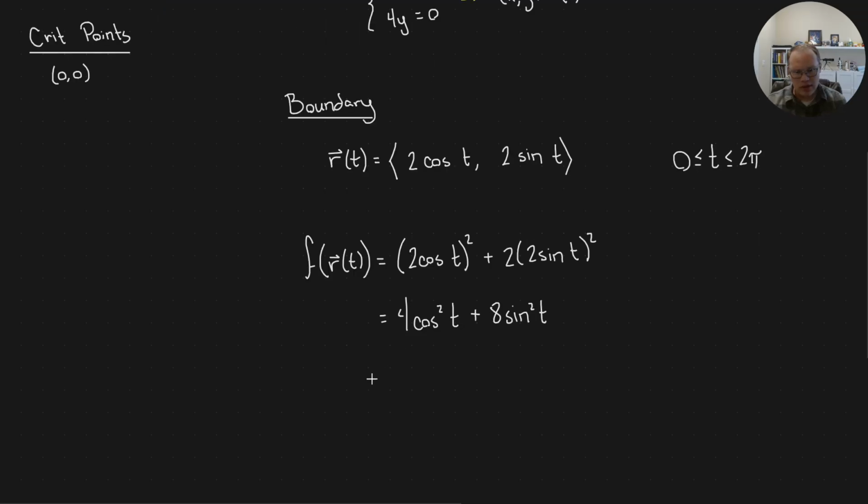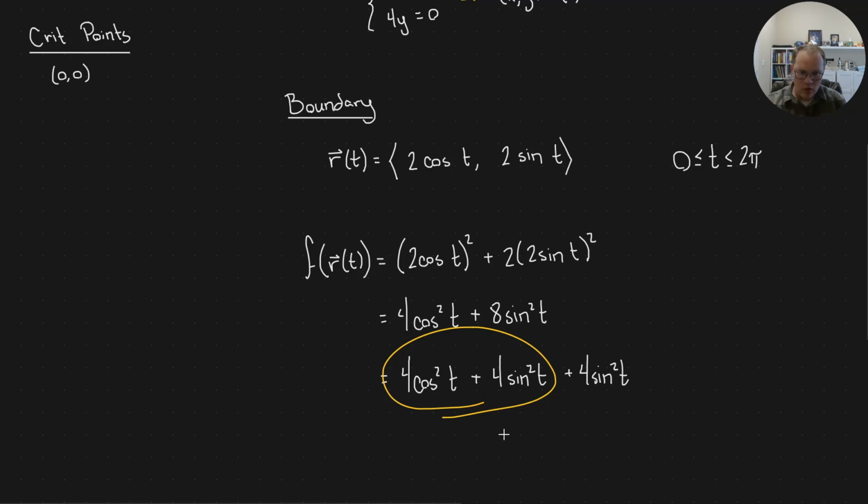But what I could do here to tidy it up a little bit more is break up the 8 sine squared into a 4 sine squared plus another 4 sine squared. And now if I factor out the 4, I'll get 4 times cosine squared plus sine squared. Cosine squared plus sine squared is 1, so this will just simplify to the 4 I pulled out times 1. So that's 4 plus 4 sine squared t.